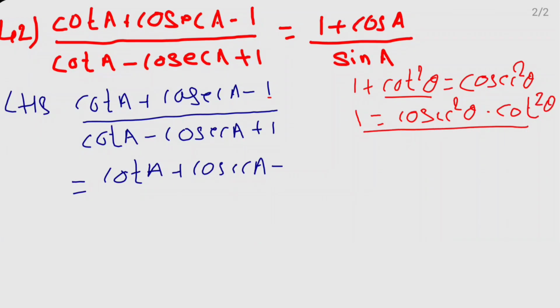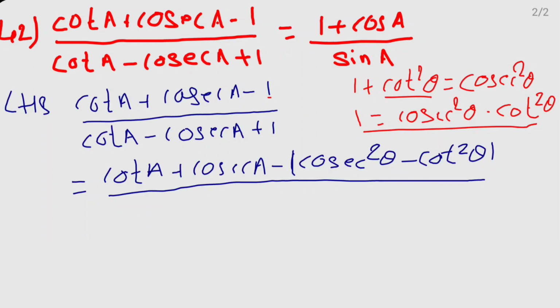So we use this one here. Here we got in a bracket cosec square theta minus cot square theta, and this whole divided by cot A minus cosec A plus 1.